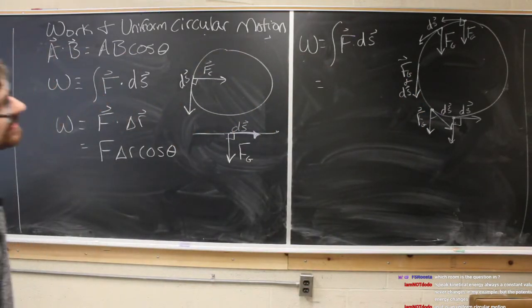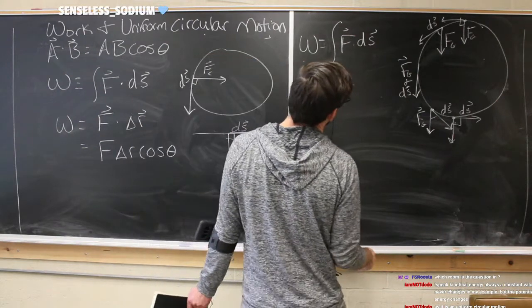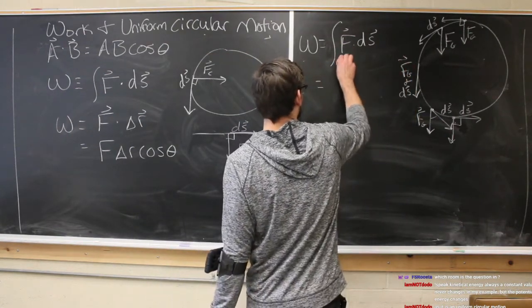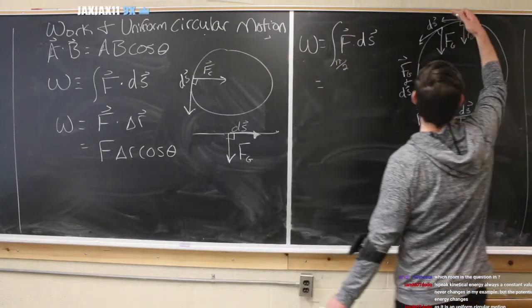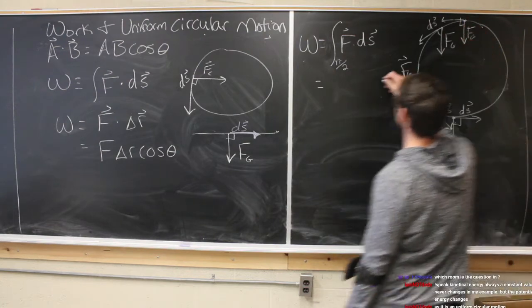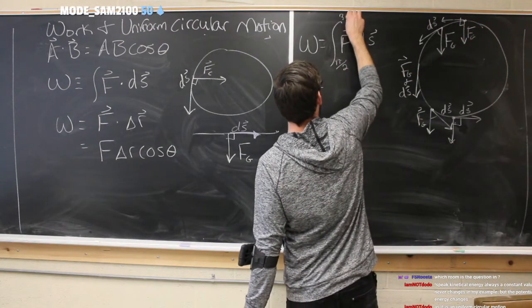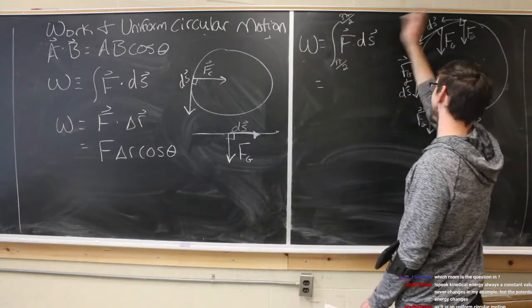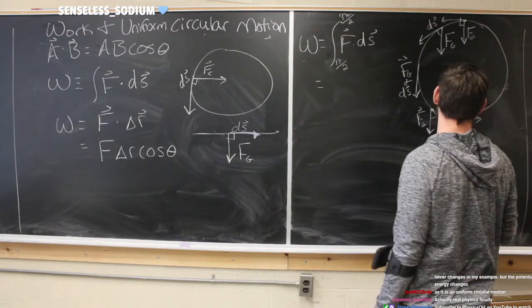So what I'm going to do is take the initial to be pi over 2, because we want to project ds onto FG, but then this upper angle is going to be 3 pi over 2. I'm just getting my bounds out in the open right now.